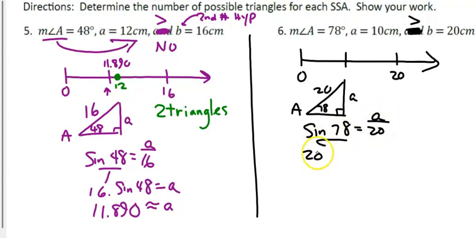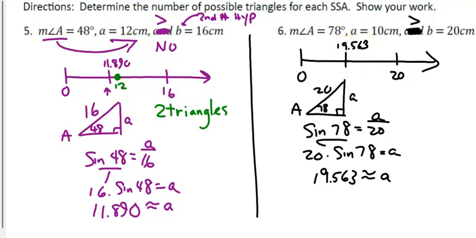Cross multiply. And 20 times the sine of 78 degrees is 19.563. And our value is 10. So that means there are no triangles.